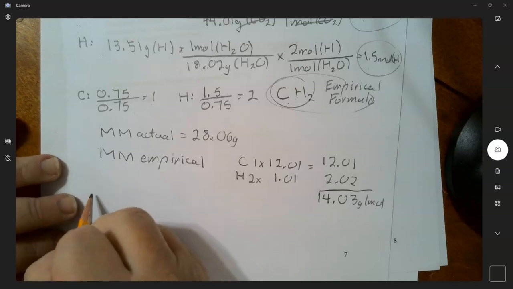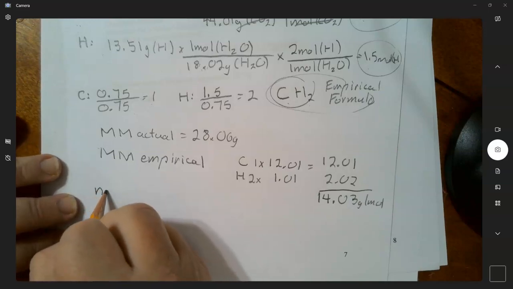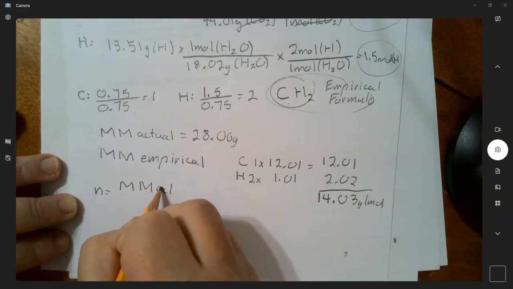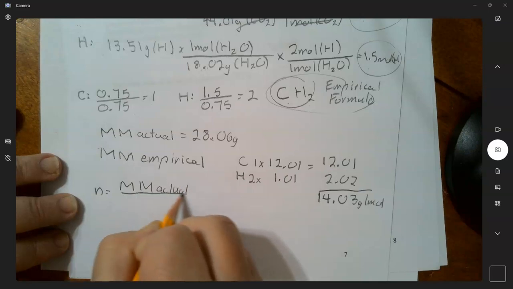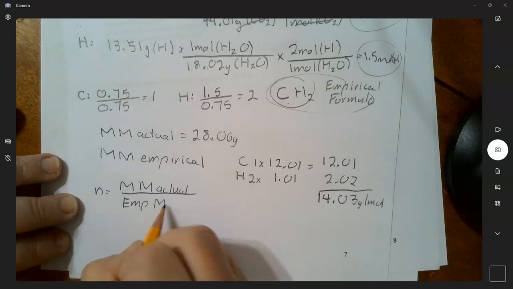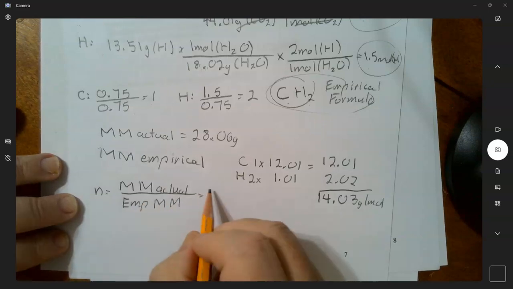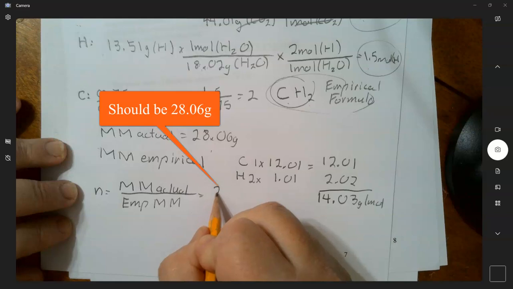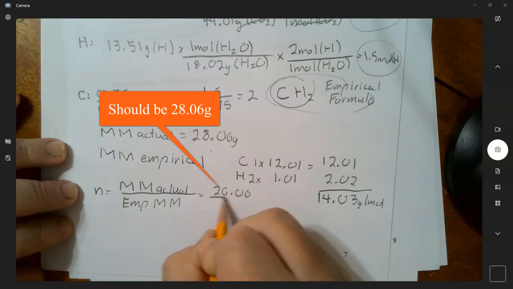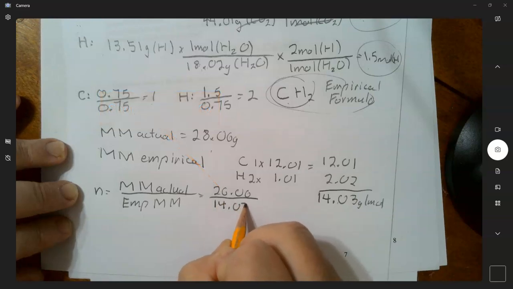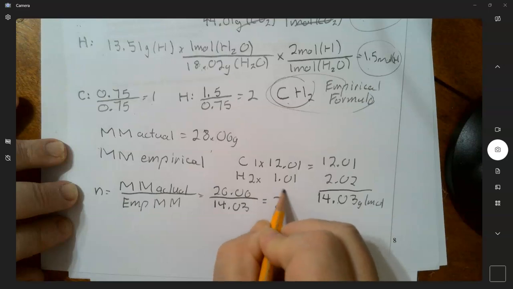Now you have to get the scaling factor, or the multiplying factor, and it's going to be the actual molar mass over the empirical molar mass. So the number we had up here is 28.06, the empirical molar mass we just calculated is 14.03, and do the math, and you get a scaling factor of 2.